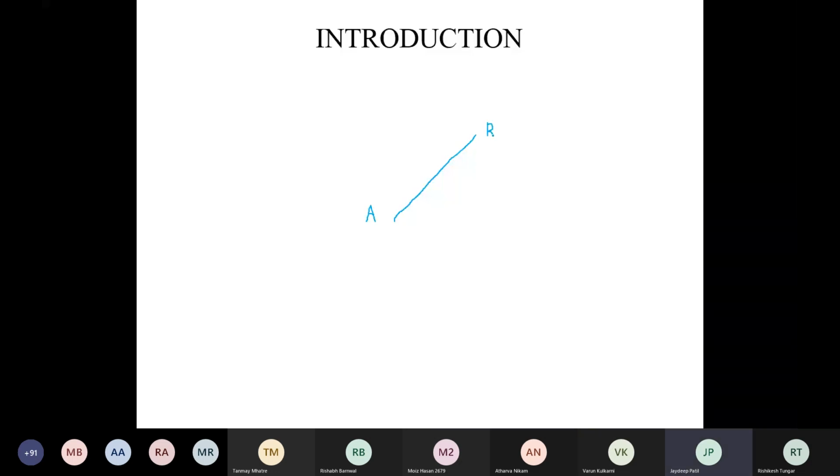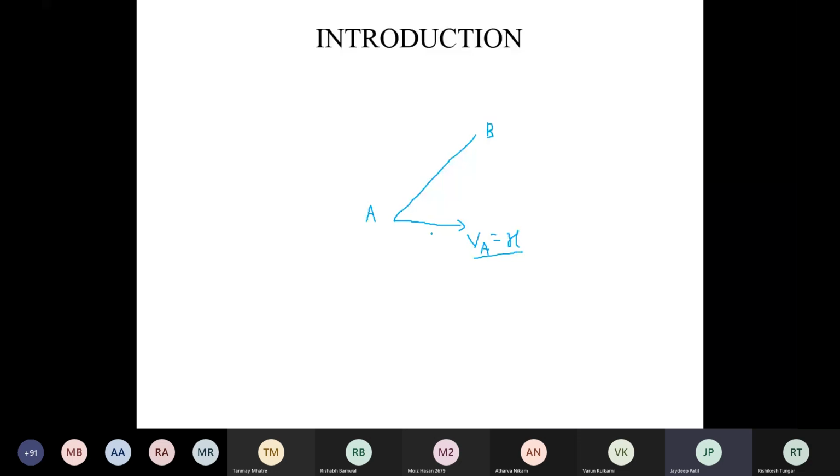How do we find the velocity of this link or any point on this link? Suppose the velocity of A is known. Velocity of A is equal to, suppose, x. Now velocity of A is known in magnitude and direction.